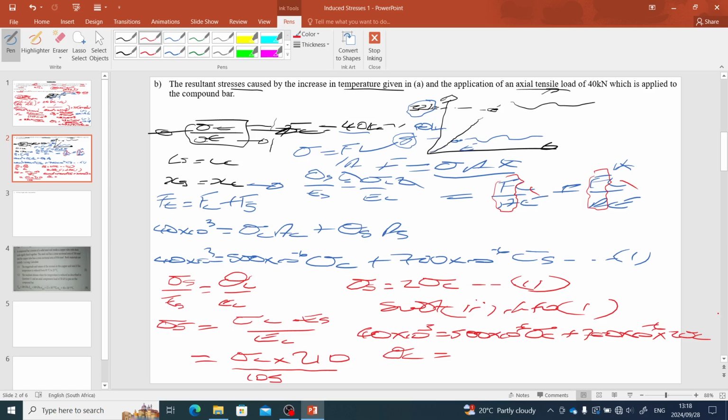Let's multiply here: 2 times 700 times 10 to the power negative 6 plus 500 times 10 to the power negative 6.